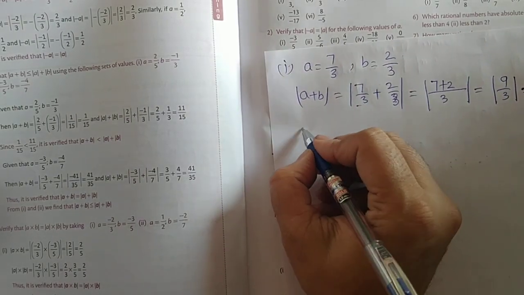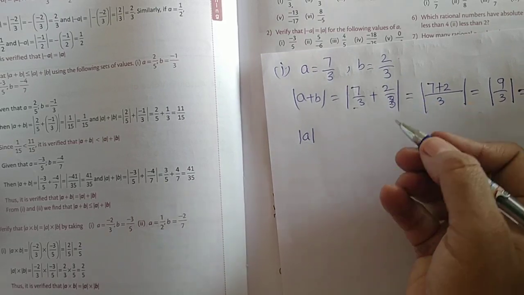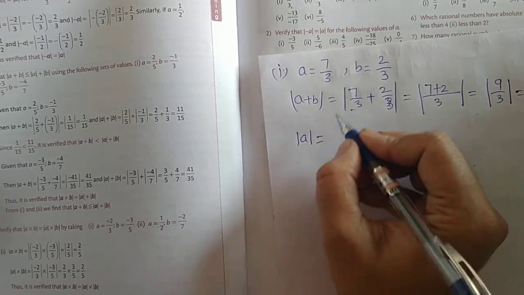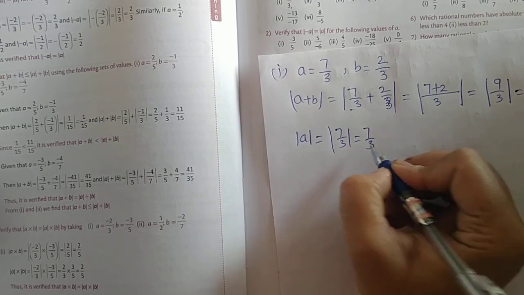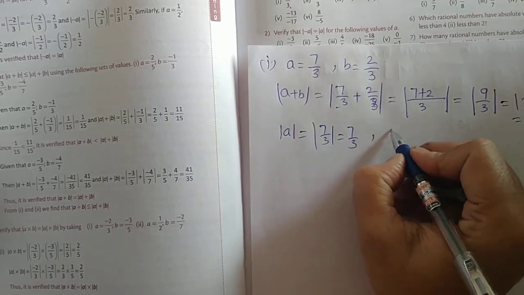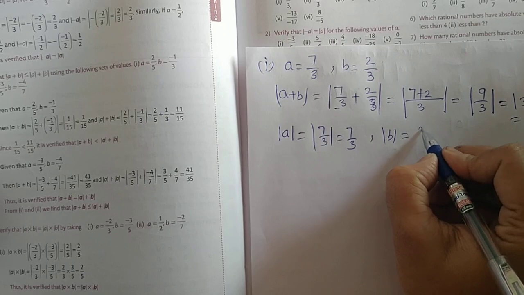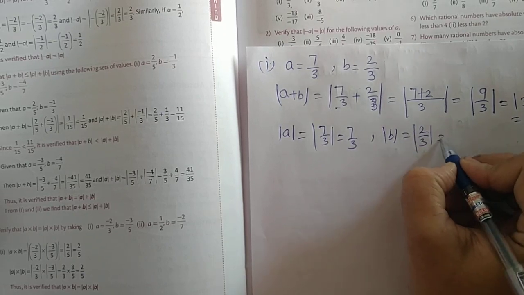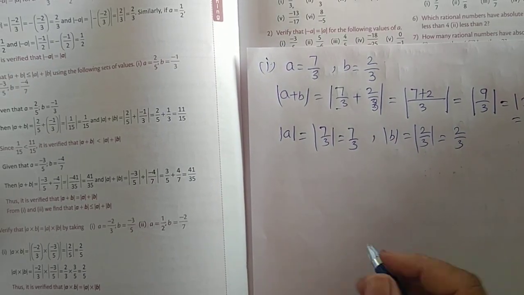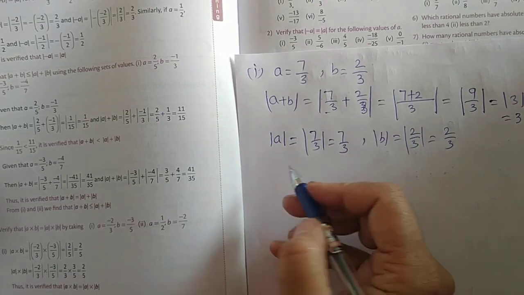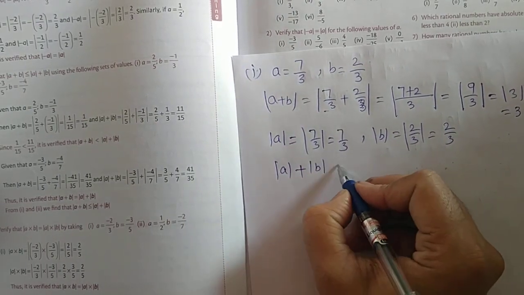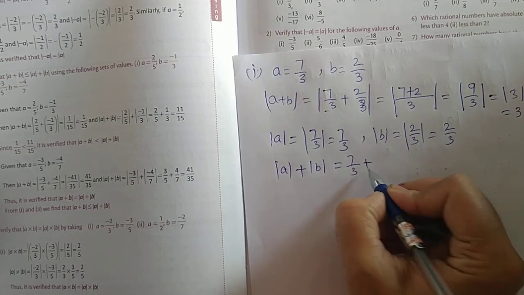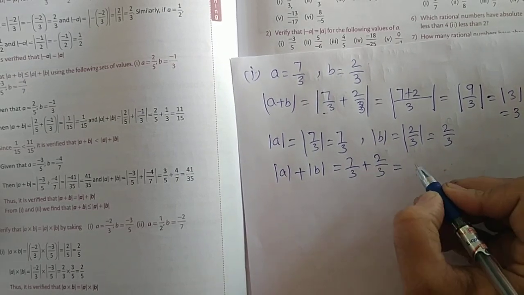Again, mod of a we will now take separately. Mod of 7 upon 3 is 7 upon 3, and mod of b, mod of 2 upon 3, is equal to 2 upon 3. Now we will add these two, mod of a plus mod of b: 7 upon 3 plus 2 upon 3.